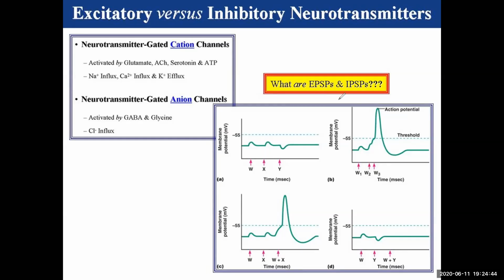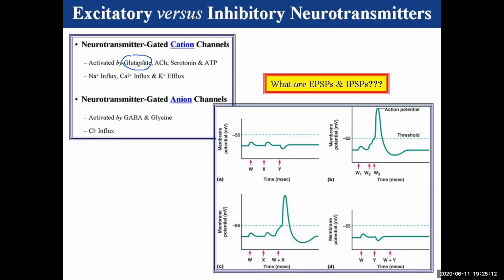Now, if the postsynaptic neuron receives these neurotransmitters, glutamate, which is one of 20 amino acids used to build proteins.